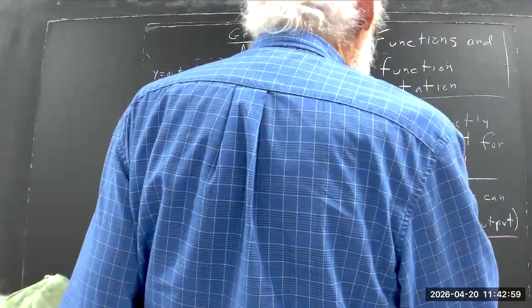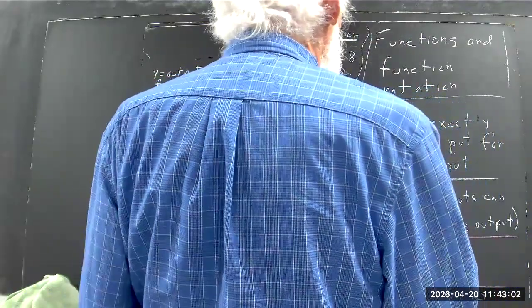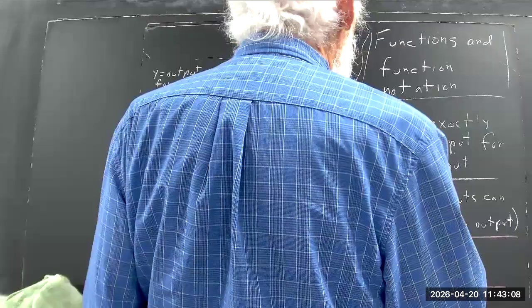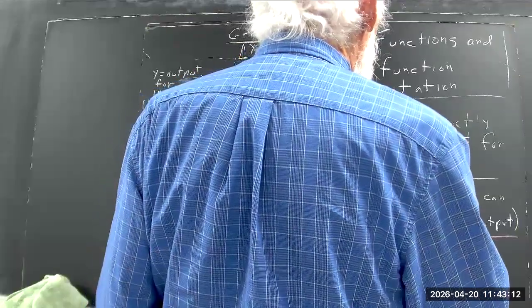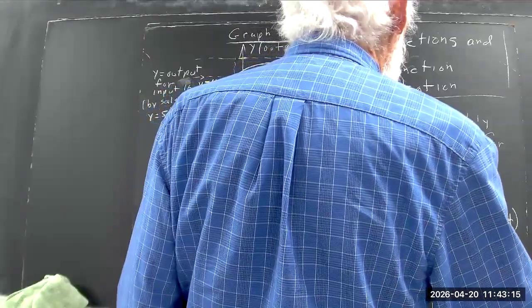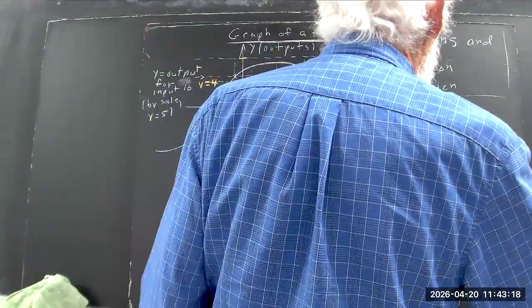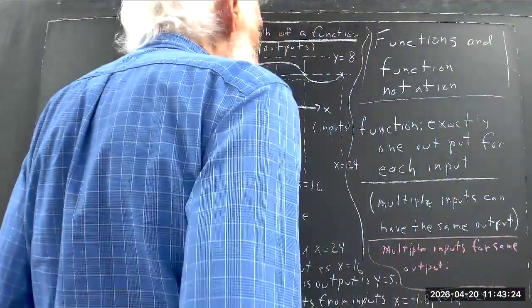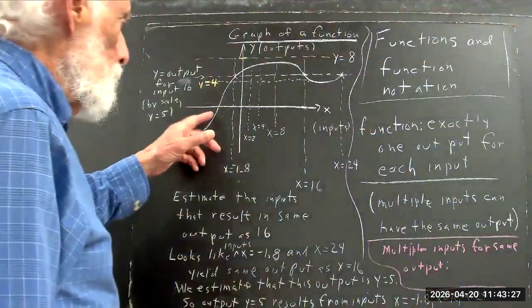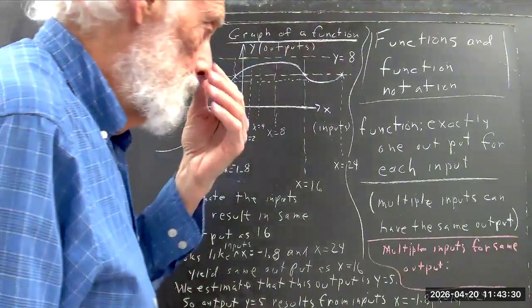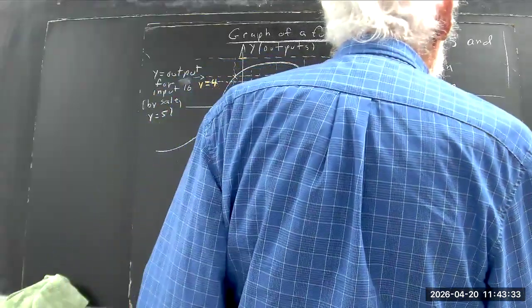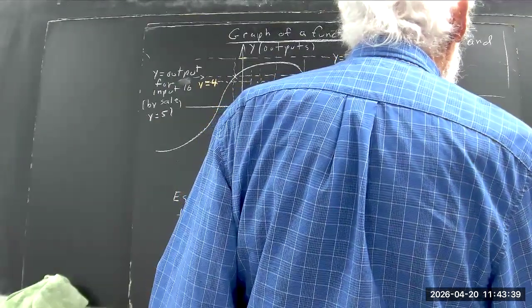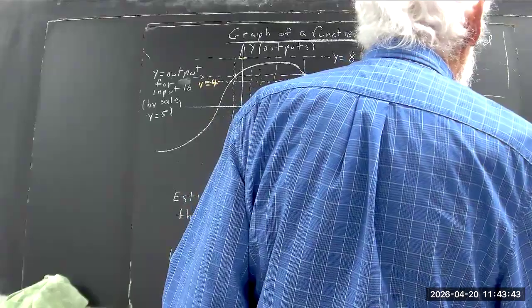I'll just write down: if you have multiple inputs for the same outputs, multiple x values that give you the same y value, the function is not what we call one-to-one.